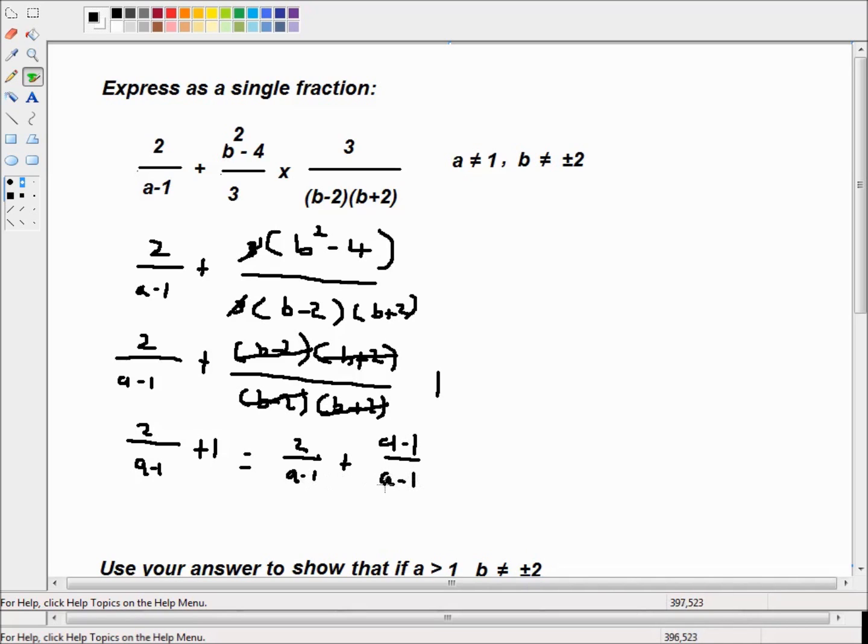Now that we have the denominators the same, we can combine the numerators. So that's equal to 2 plus a minus 1 all over a minus 1.